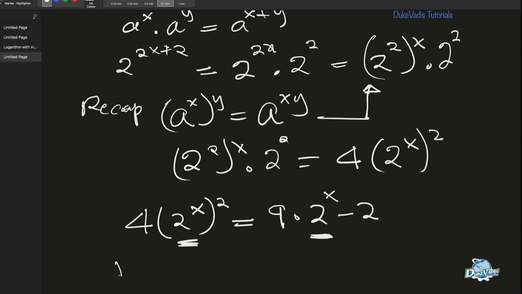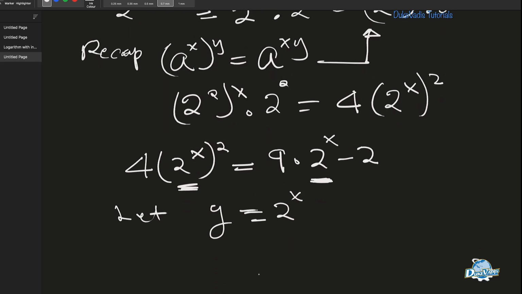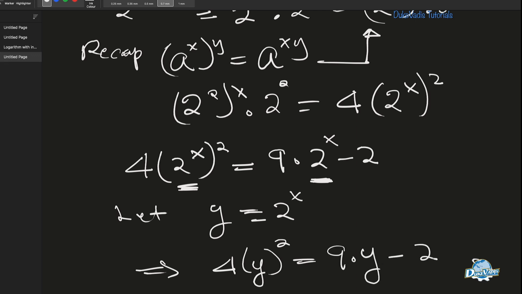So, let's solve the equation so easily by doing a bit of substitution. Let's say y equals 2 raised to the power x. Okay, so that we can say 4 into bracket y squared is equal to 9 times y minus 2.